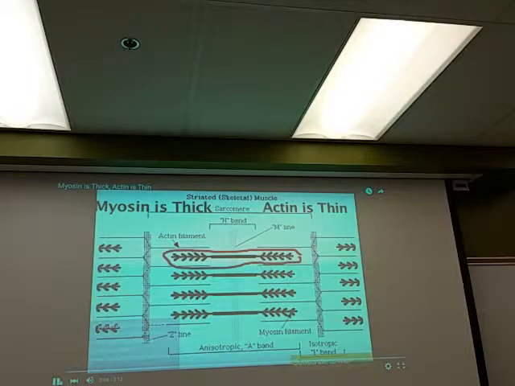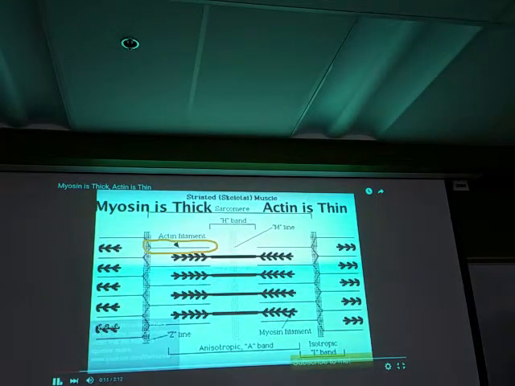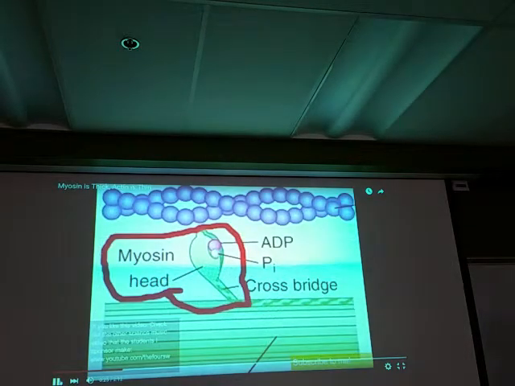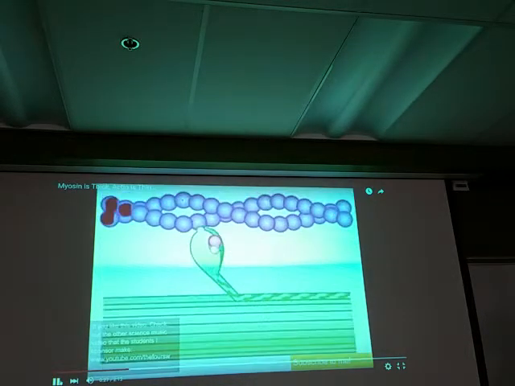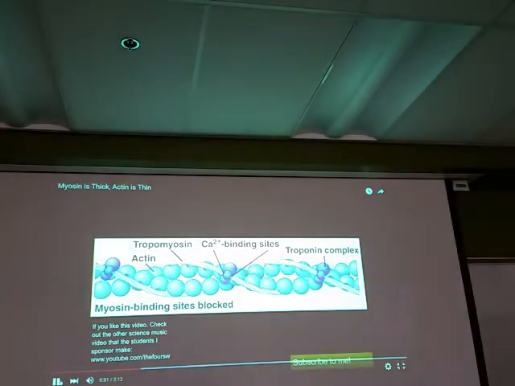Myosin is thick and actin is thin. Myosin is thick and actin is thin. Myosin is thick and actin is thin. Each of these things are called myofilaments. Actin is a thin filament. Myosin is thick. Hope you got that down. Now listen real quick. Myosin has these things called myosin heads. They attach to actin and they pull that thin thread. First, the binding site on actin's gotta be free.